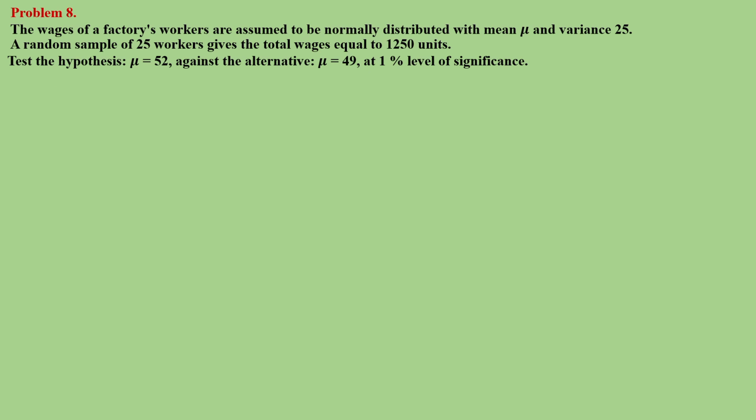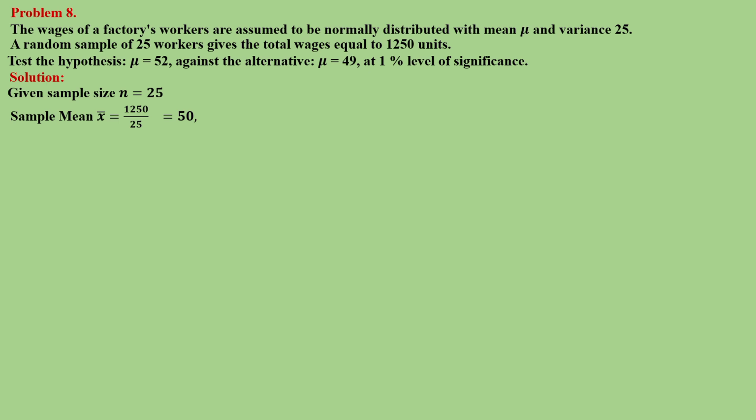So given sample size, that is random sample of 25 workers, n is equal to 25, but instead of sample mean they have given total wages of 25 workers. So we know mean is equal to total divided by number of items, that is total wages divided by number of workers, 1250 divided by 25, that is the sample mean, which is equal to 50.